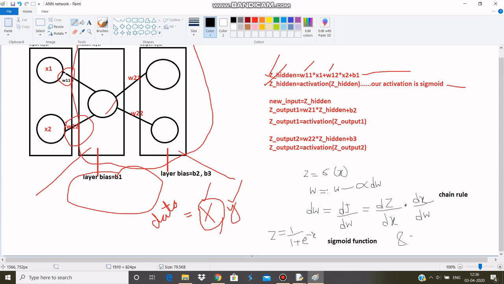Now what is x? As I said, x is a function of w, I and b, where w are the weights and I is the input.